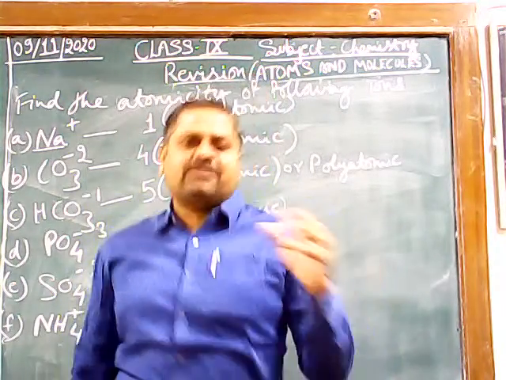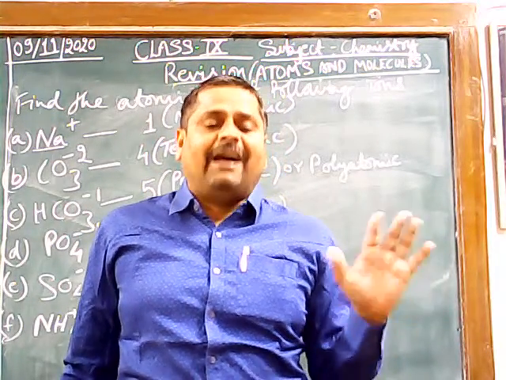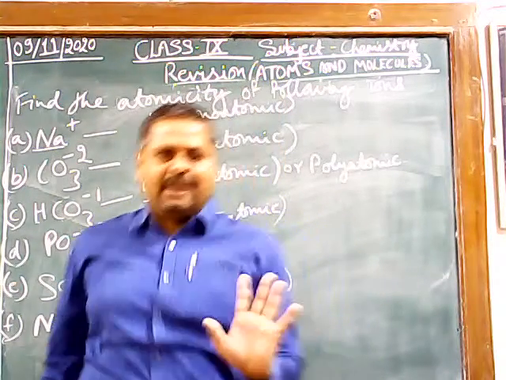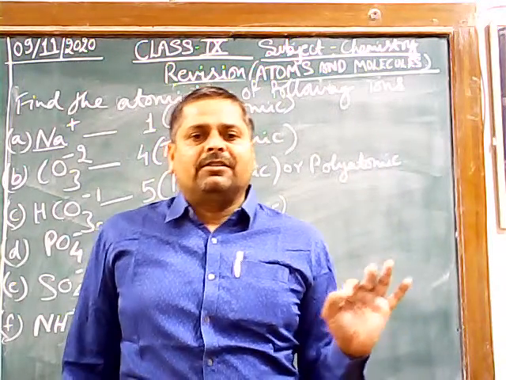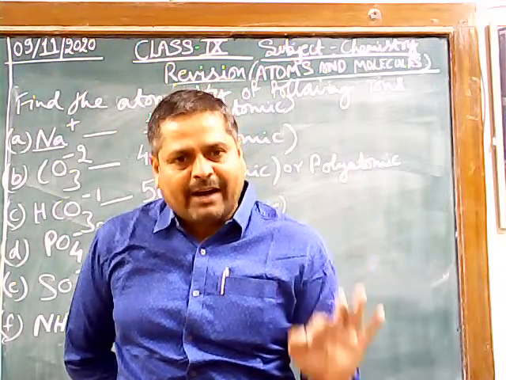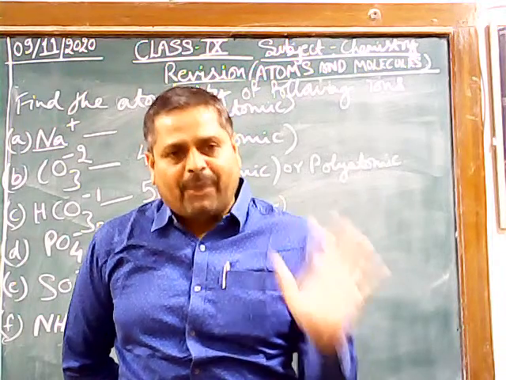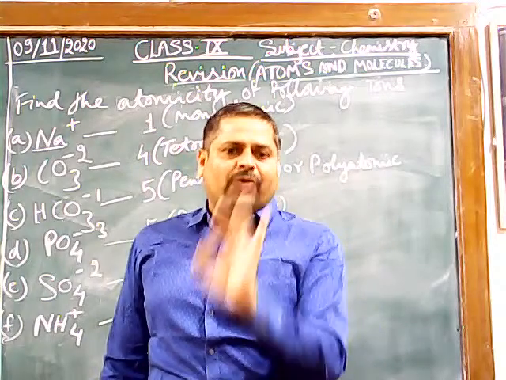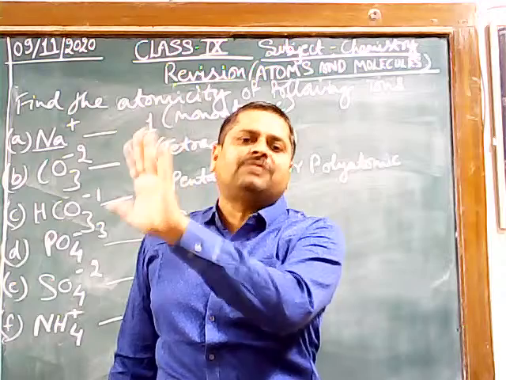We can say it means number of electrons lost or gained by an atom to form an ion. Two things you should know. Understand? For example, if we want to write the formula of sodium chloride, we should know what are the ions found in the sodium chloride and what are the valencies of those ions present in that particular compound. Okay? Say for example, in sodium chloride there are two ions, sodium and chloride. So the valency of sodium is +1 and the valency of chlorine is -1.